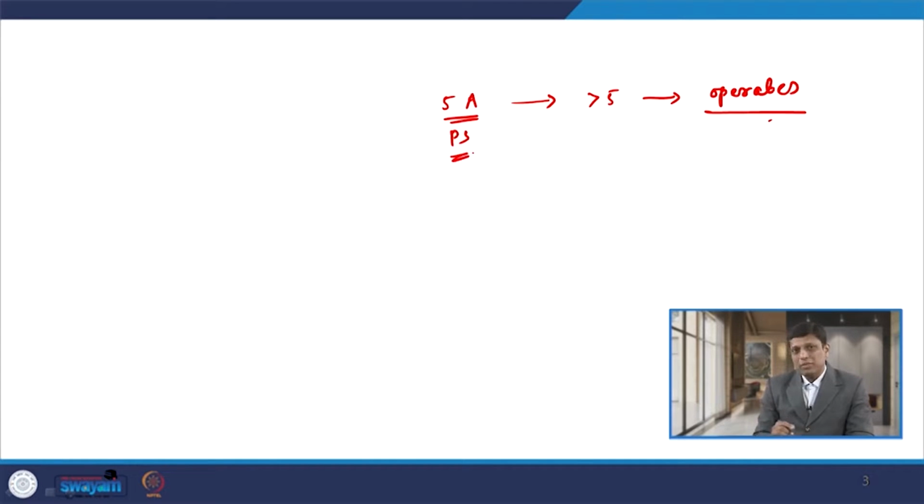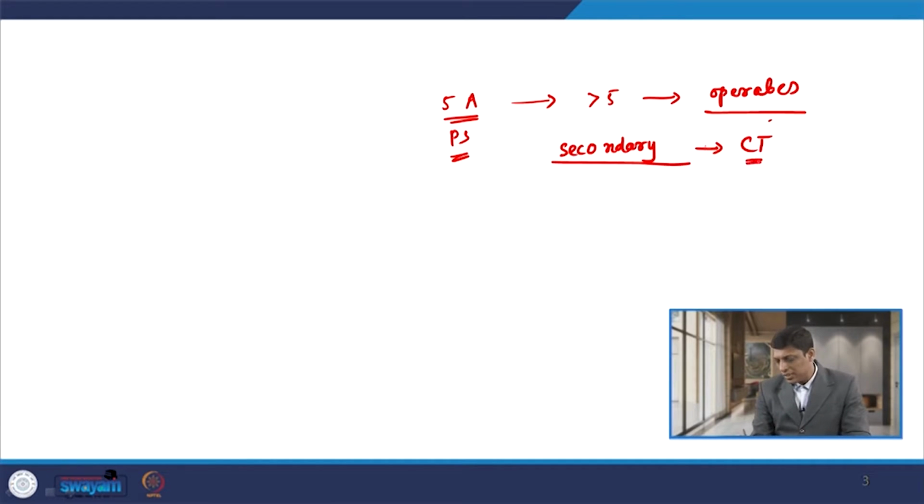The relay, known as the overcurrent relay, is always connected on the secondary of the CT, the current transformer. So, it has only one input, that is current. The current transformer is normally denoted by this symbol, and whenever I want to connect the relay across this CT, I connect it on the secondary side.